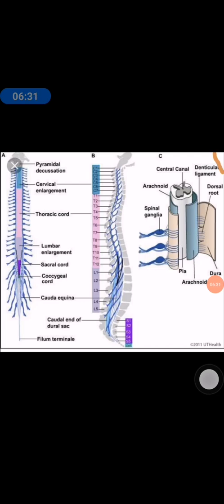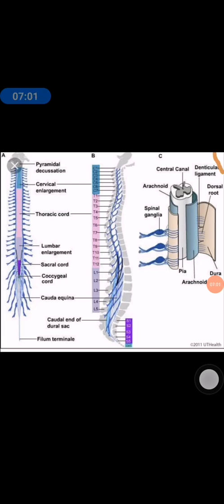In the whole length of the spinal cord we find anterior and posterior horns, but in some regions we also find a lateral horn, present between thoracic 1 to lumbar 2 and sacral 2 to sacral 4 segments.